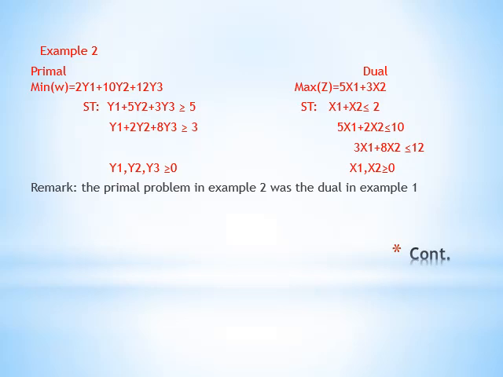Now, the variables in the primal are y1, y2, y3 more or equal 0. The variables in the dual are 2 only, x1, x2 more or equal 0.